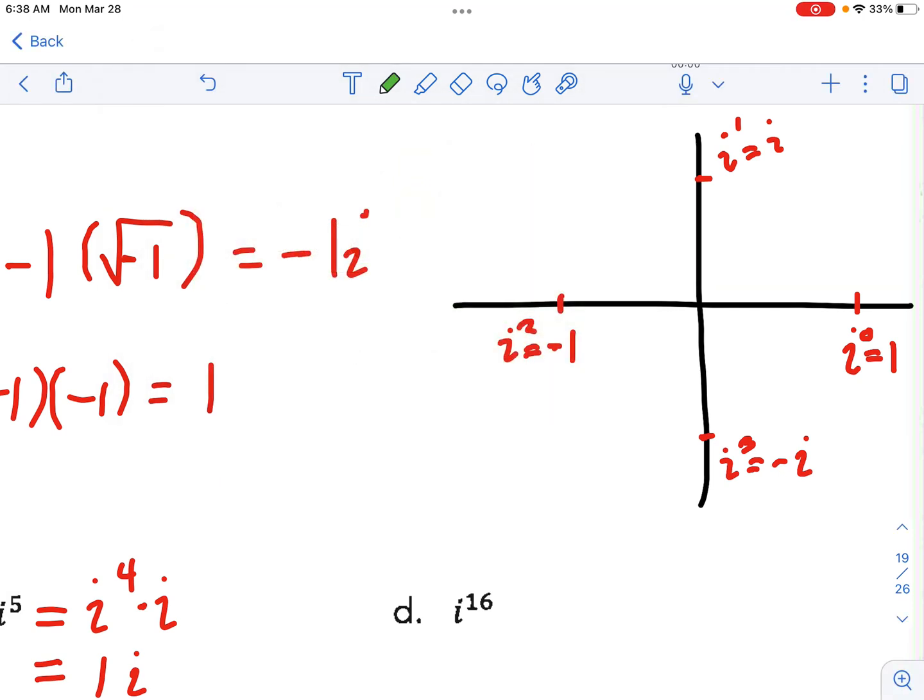And so as we accumulate powers with our i, we can just keep using this circular pattern.